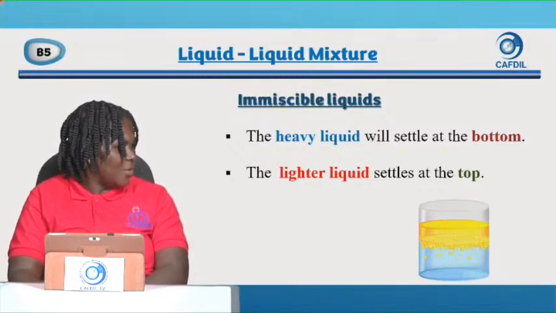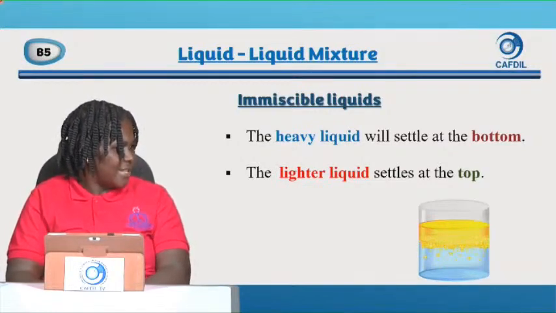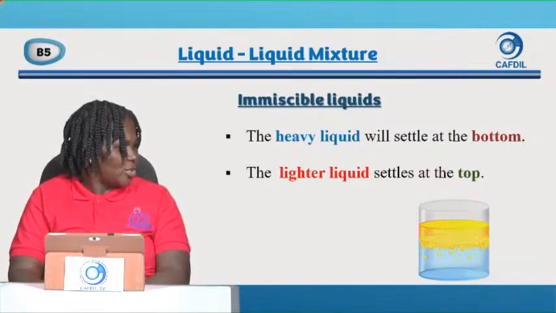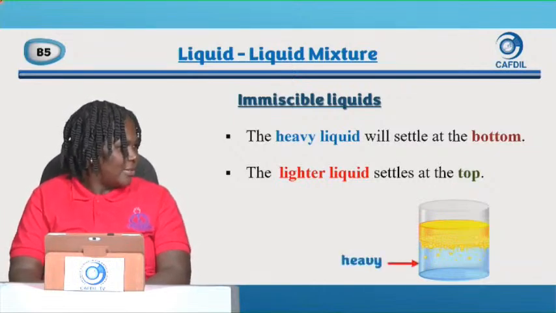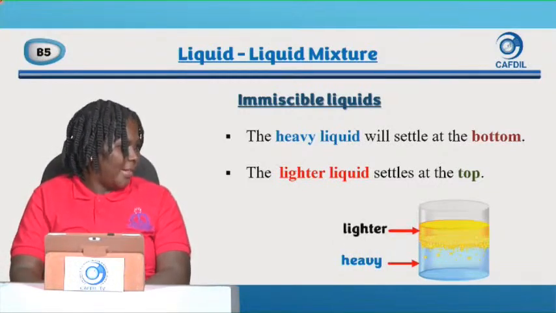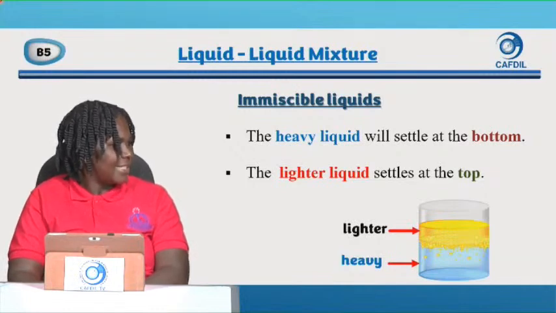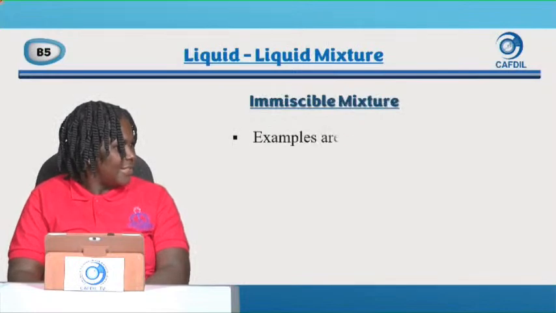And the lighter liquid will settle at the top, as we can see on our screen. The oil is on top and the water is at the bottom. So water is heavy, and the oil is lighter. Good.